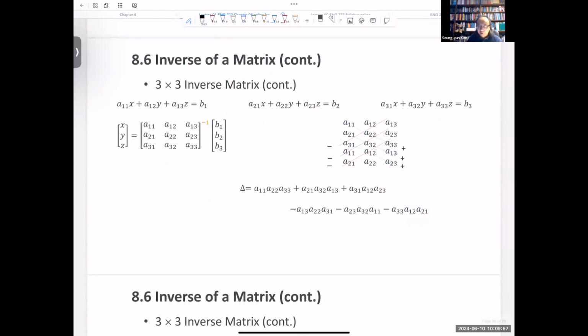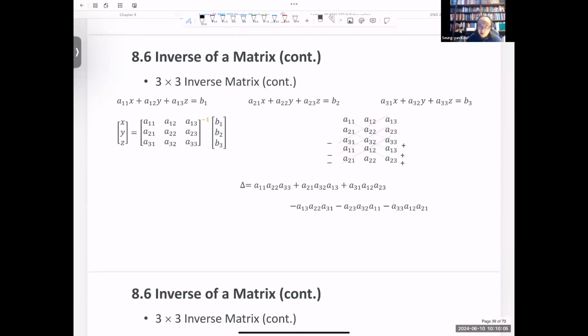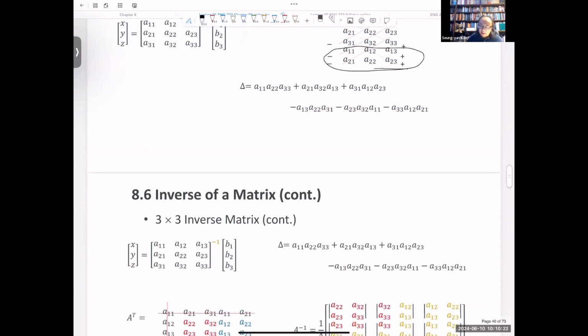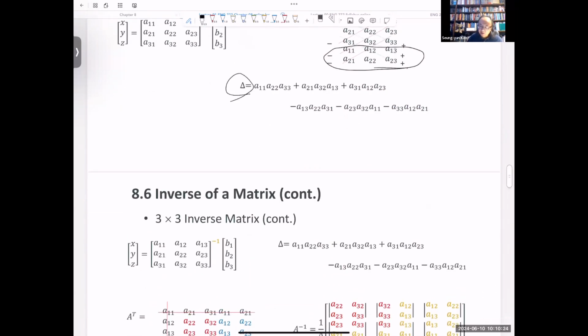So here's what I want you to learn. For the 3 by 3 inverse matrix, we're going to write the coefficients for all those 3 equations, copy down the top 2 rows one more time at the bottom, and then multiply diagonally. And that's how we get the delta.